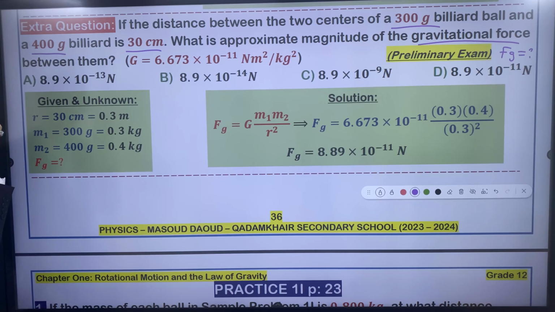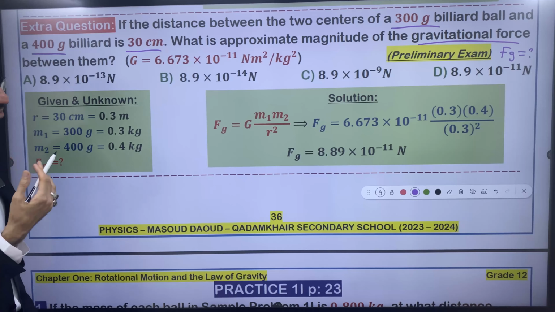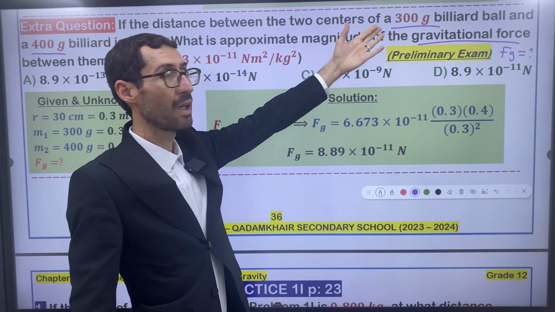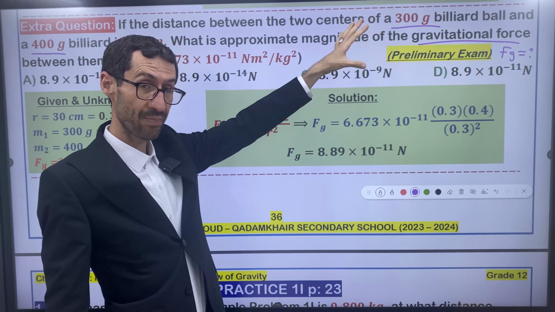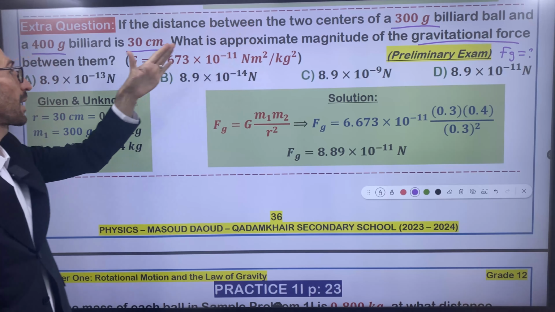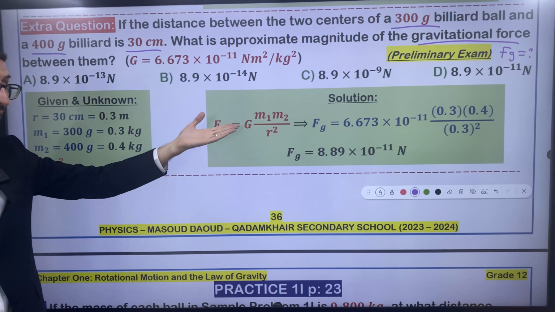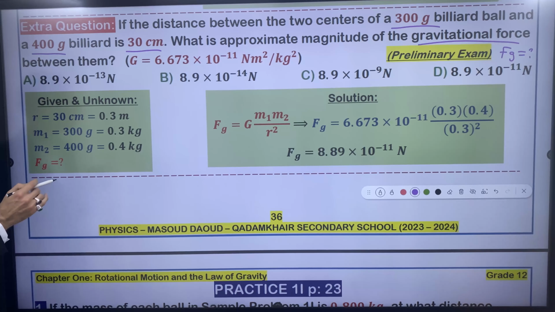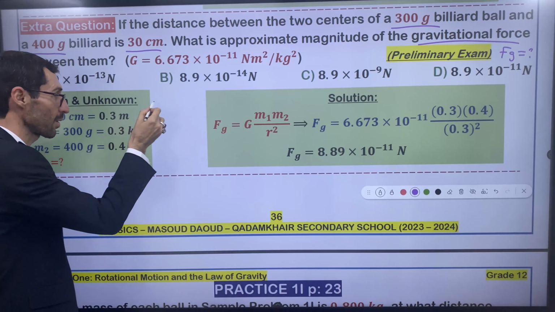Here, you are not allowed to use these values in grams and centimeter in the equation. You have to convert them. How do you convert them? For example, 30 centimeter, how do you convert it into meters?